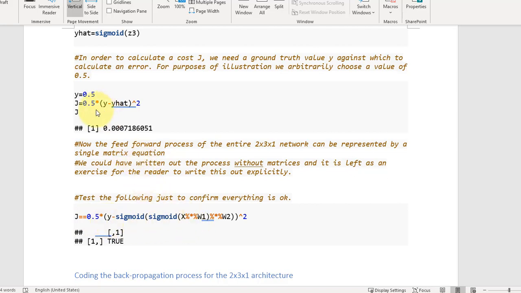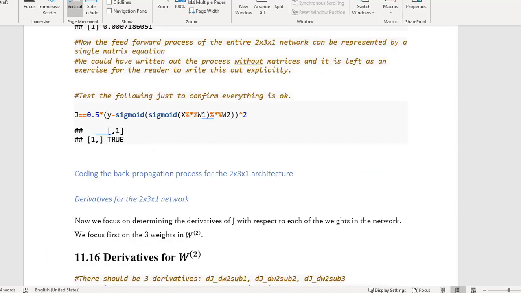We don't have Z2, Z1, and so on. We just have X, the weight matrix at layer 1, the weight matrix at layer 2. We do all the calculations, and basically J can be expressed as a single matrix equation. So we have represented the entire feed-forward process. That's just this one equation.